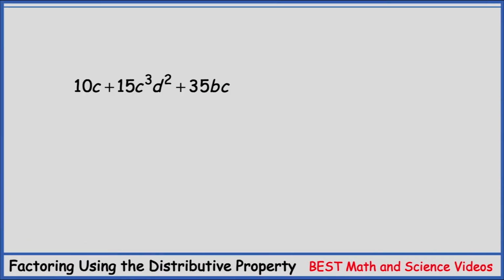Here's another example. How can you factor 10c plus 15c cubed d squared plus 35bc? Again, start by thinking, what is the greatest common factor of the three terms? First, look at the numbers and list their factors.